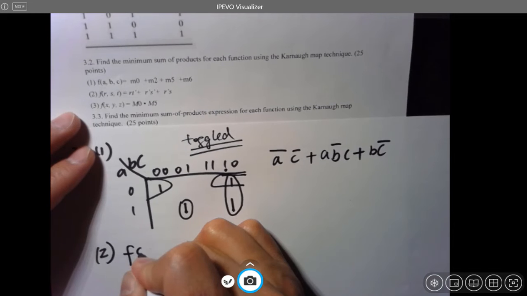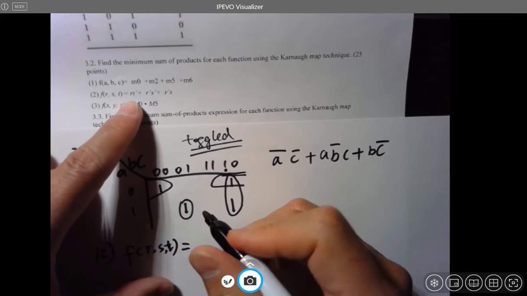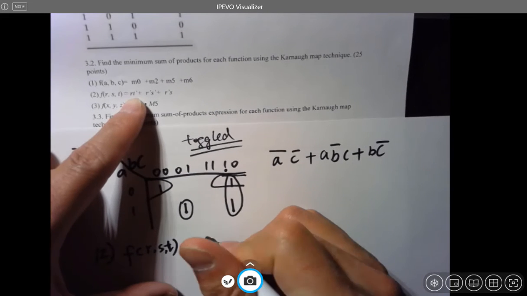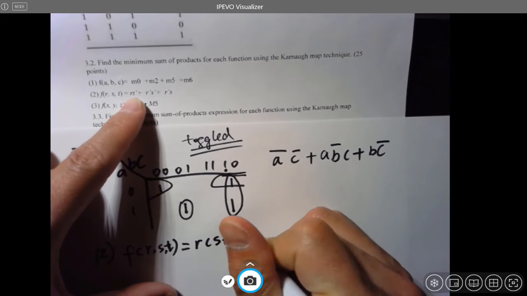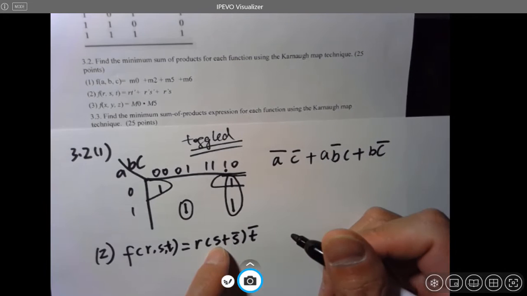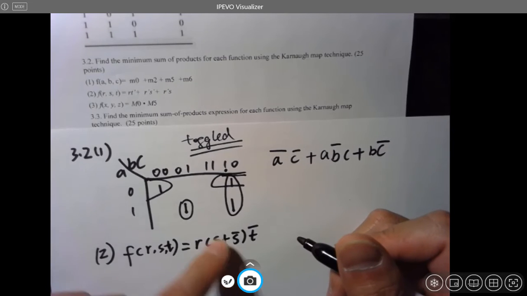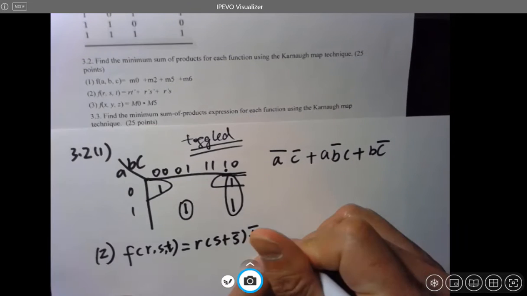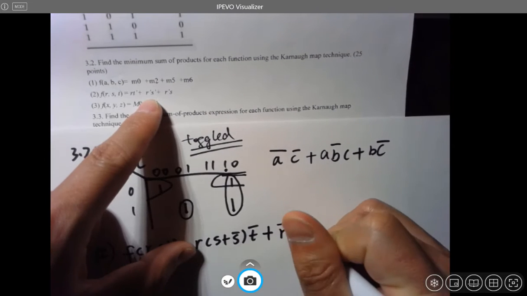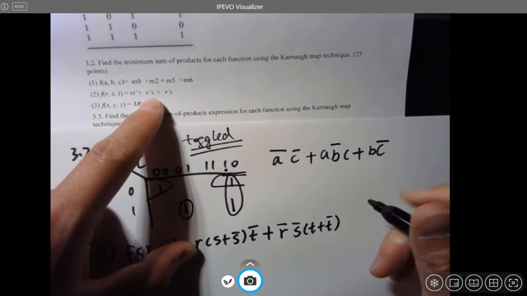So this one is actually R S or S naught, T naught, because S or S naught will be 1. This is what it looks like before being simplified to this version. Or R naught, S naught, T or T naught.